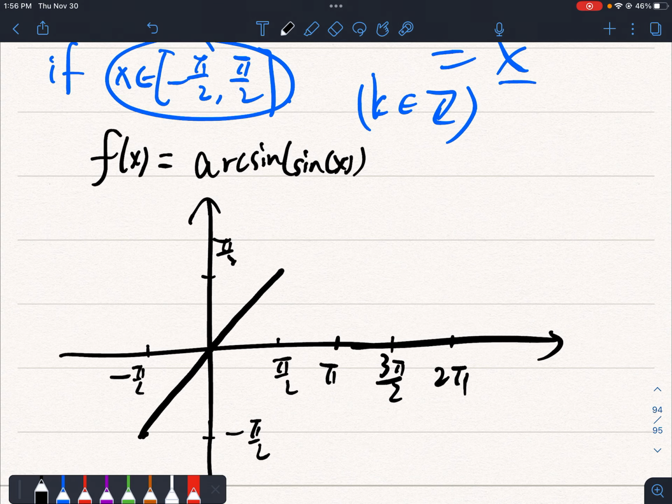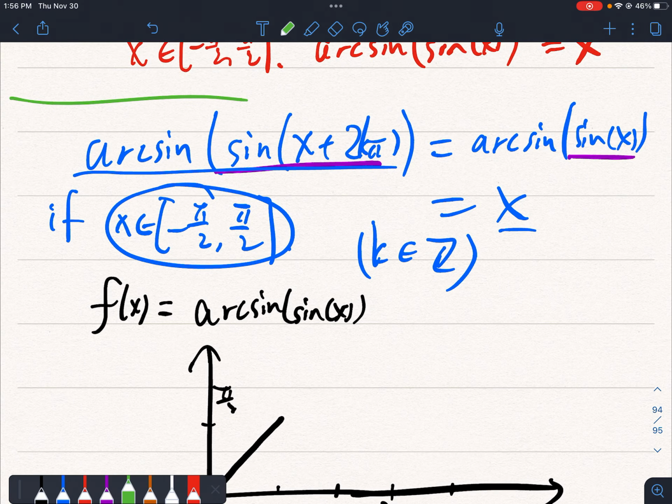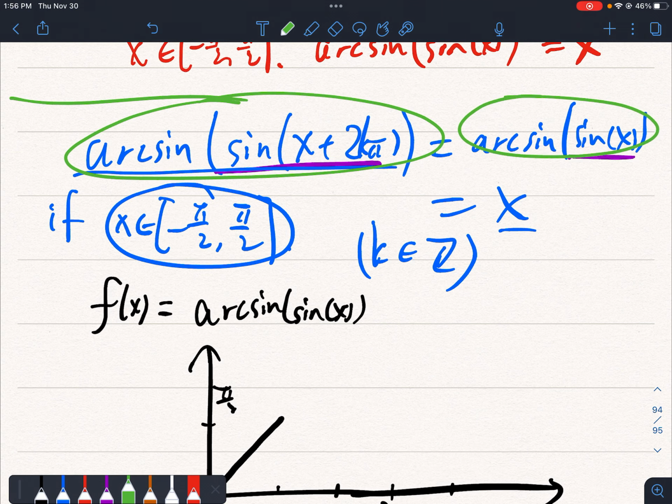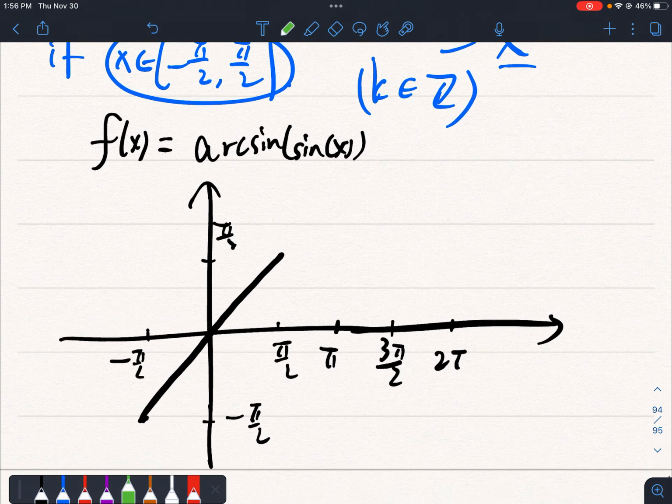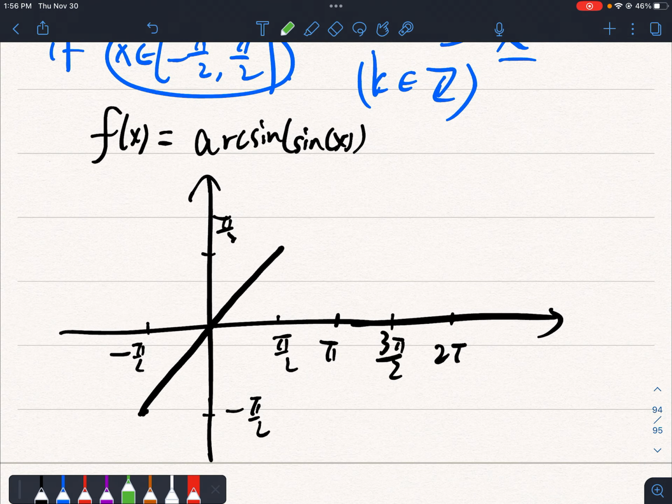And then if you look at pi, and then go to, for example, 3 pi over 2, and then 2 pi, this is symmetric, and it is also periodic of period 2 pi.